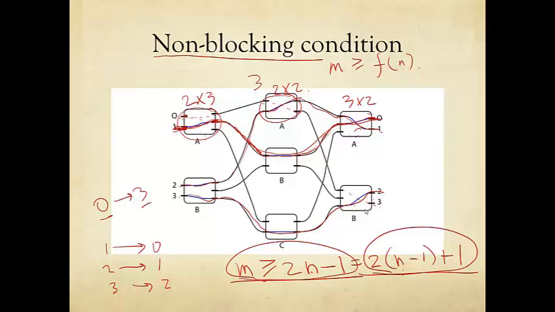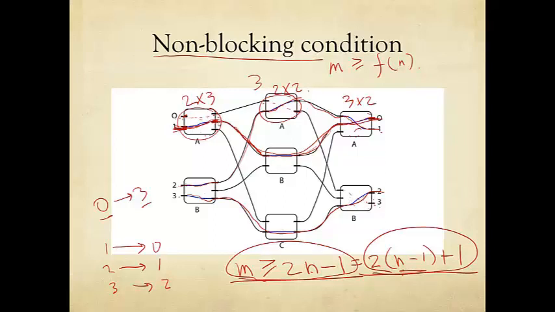The point is to now illustrate a common thread, and that is when all the other input ports are already occupied, and there are basically n minus 1 of them at this switch, and all the other output ports are occupied at the other switch, that's another n minus 1. These n minus 1, in this case only 1 because n is 2, must have gone through some middle switches, and they could have gone to different middle stage switches.